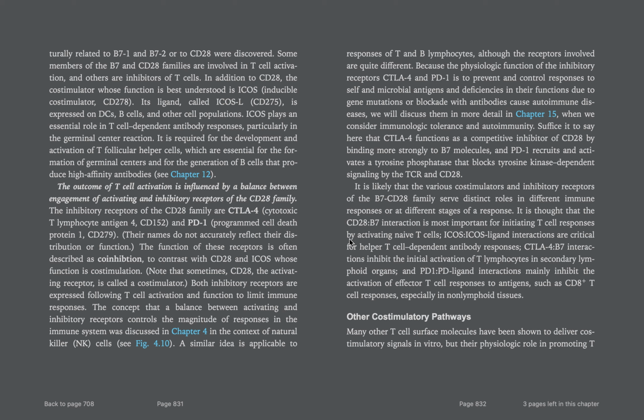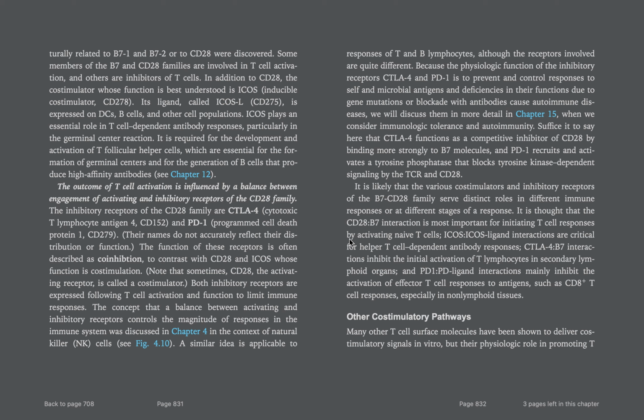Their names do not accurately reflect their distribution and function. The main function of these receptors is often described as co-inhibition, in contrast with CD28 and ICOS, whose function is costimulation.